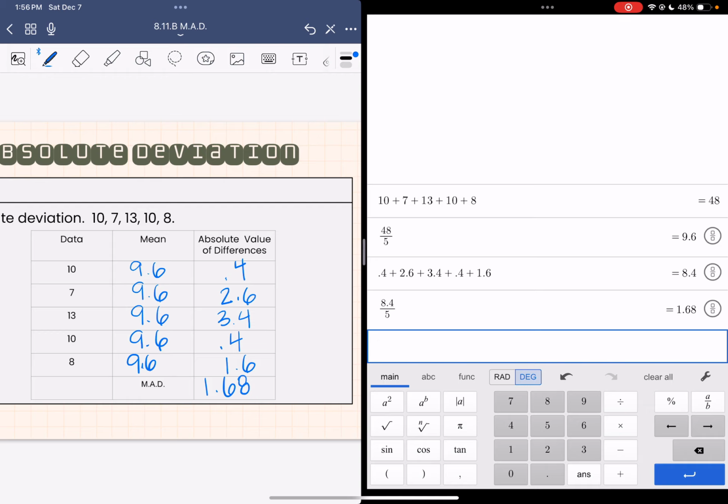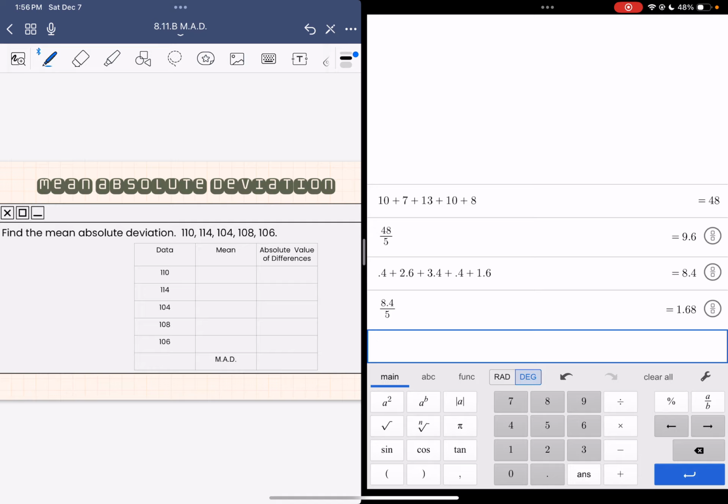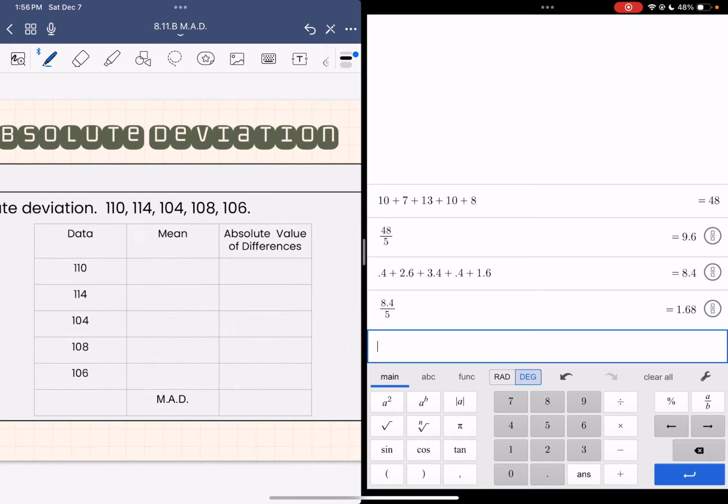All right, well, let's go to another problem. So in this case, we're finding the mean absolute deviation. It's also called MAD of the following set of numbers. So the first thing I'm going to do is add those up.